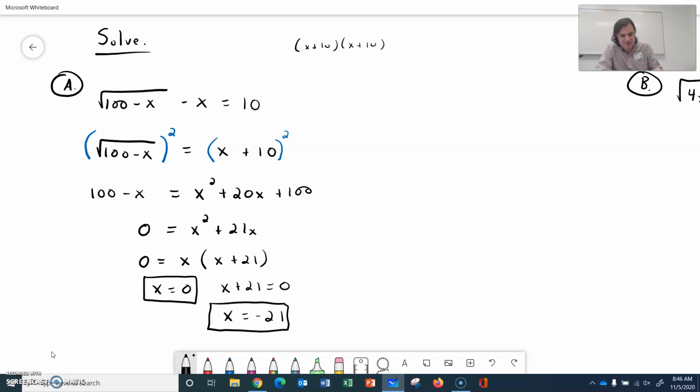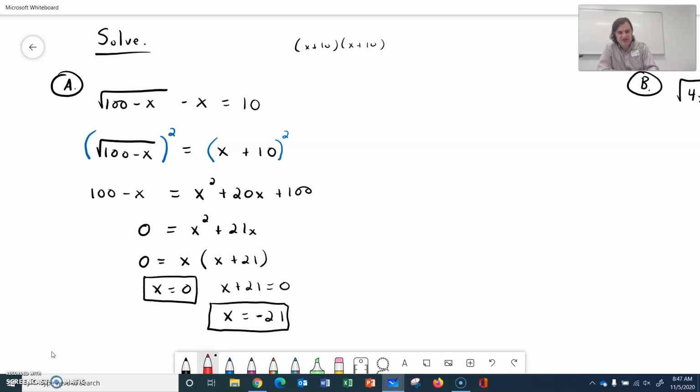So to remind you of the steps I gave you: isolate the root, which we did up top by moving the x. Raise each side to a power to get rid of the root. That was my second step. Third was whatever I get from there, solve it, which is where I get the 0 and the negative 21. But then I said we better check these things and make sure they work out.